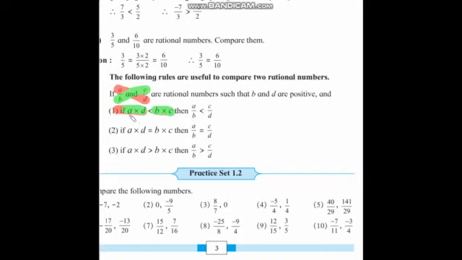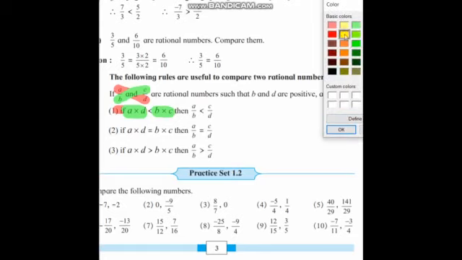In this case, a into d is smaller than b into c. That time b into c is greater, which means the right hand side is greater.